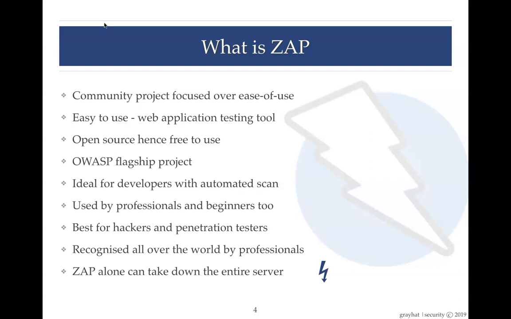This is an open source project and the flagship mature project of OWASP. Hence it is free to use, and obviously it will always be free to use according to the OWASP site.